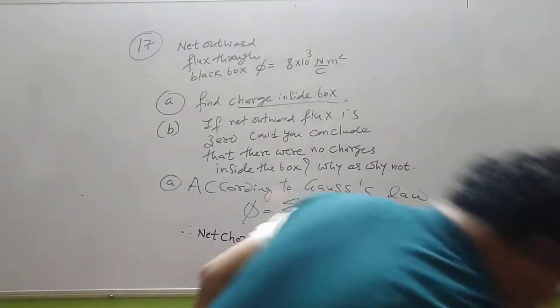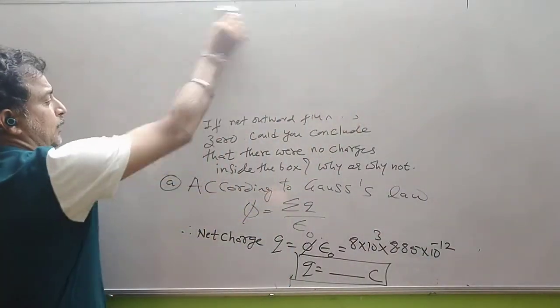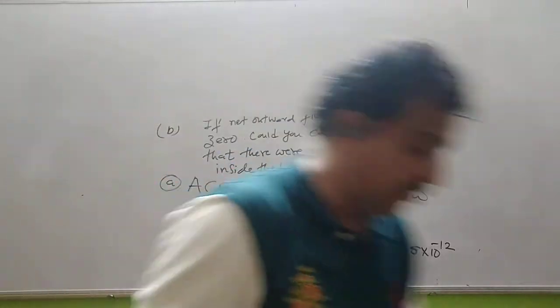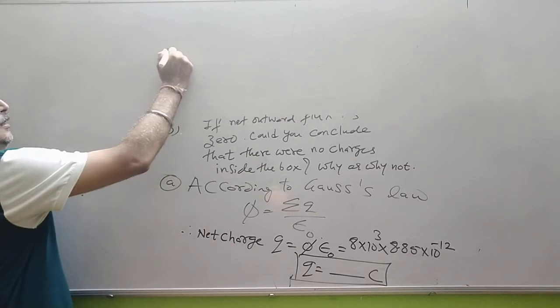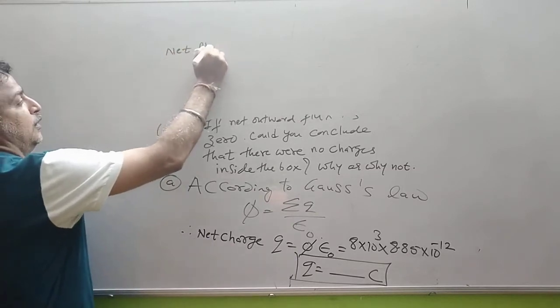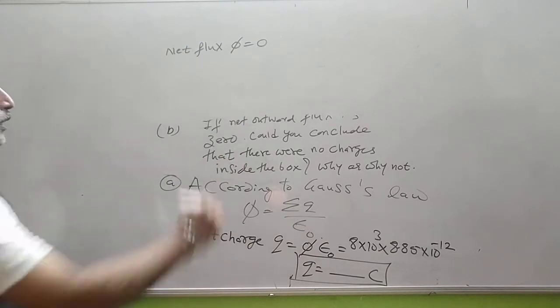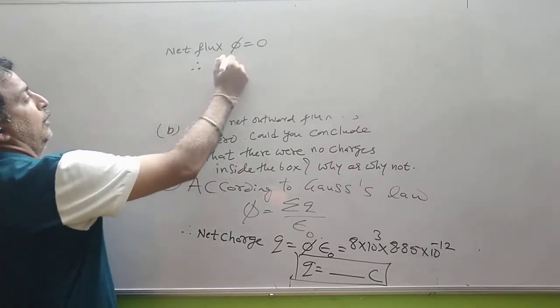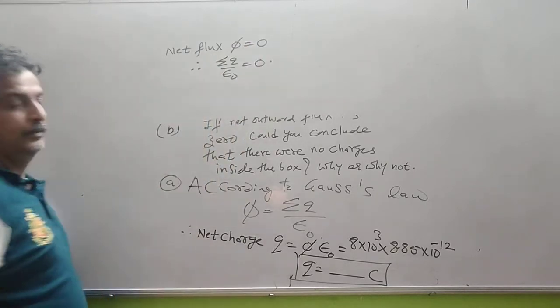Now, see the second part. If the net outward flux is 0, so what is given? The net flux phi is equal to 0. Therefore, summation q upon epsilon naught is 0.